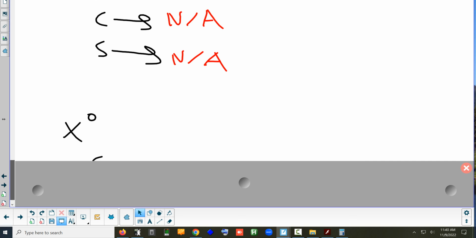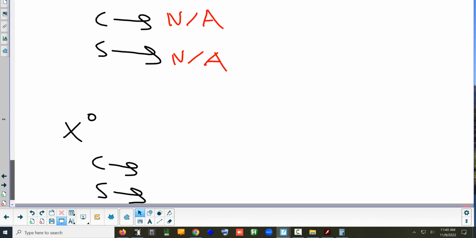How about x degrees? I have to tell you a little bit about x, because if, let's say, x was 100, then it wouldn't have a complement. It's too big. So let's say x is some number less than 90. How would you find the complement? 90 minus x.